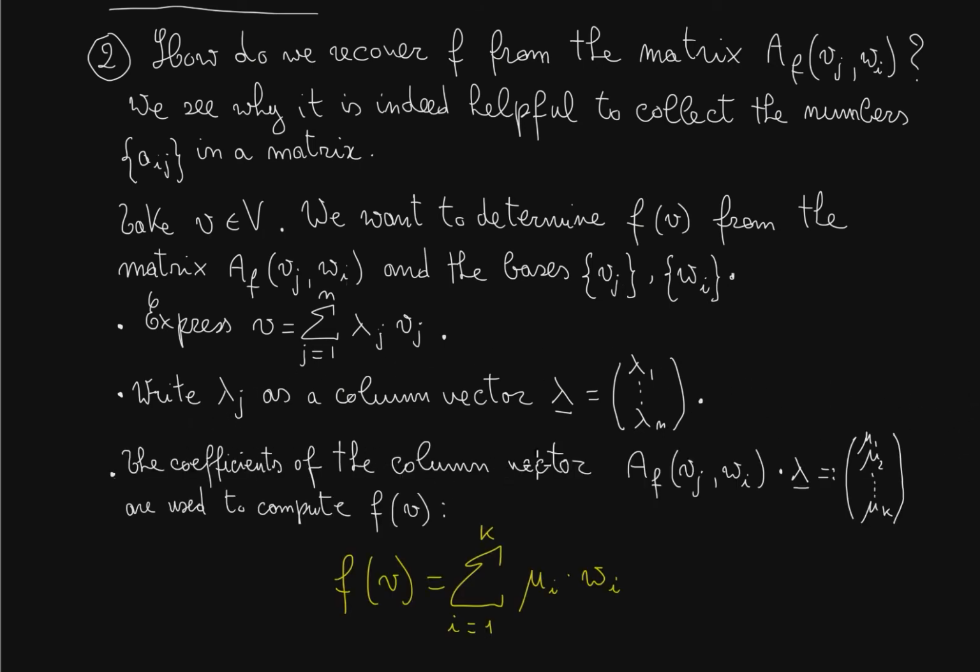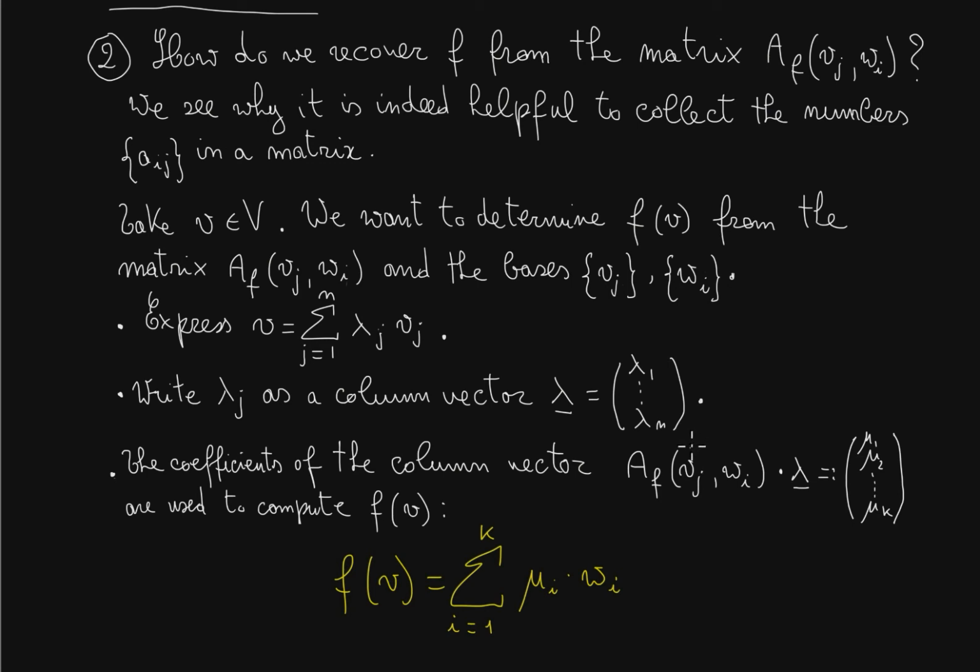The coefficients of the column vector that we obtain by taking lambda and multiplying it on the left by the associated matrix, we call them mu_1, mu_2 through mu_k. Notice that the associated matrix has as columns the coefficients of the linear combinations of the images of Vj.